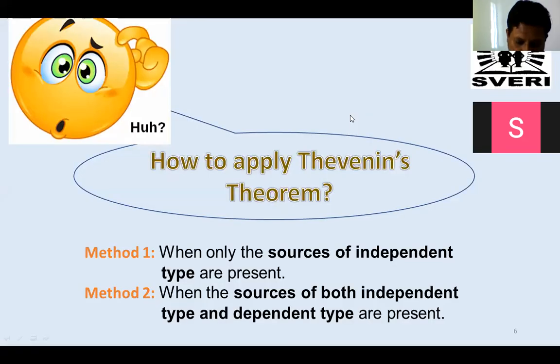Now, how to apply Thevenin's theorem? Based on the type of circuit, there is method 1 or type 1, and method 2 or type 2. This is based on the type of given circuit or network.